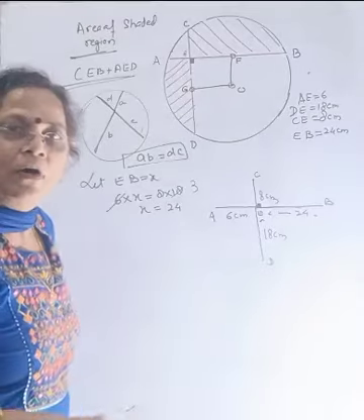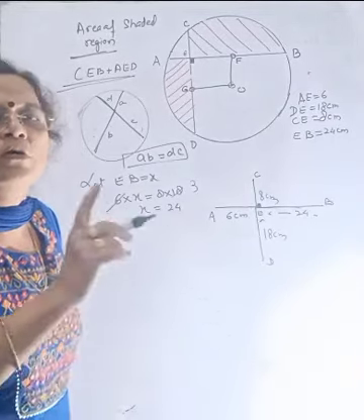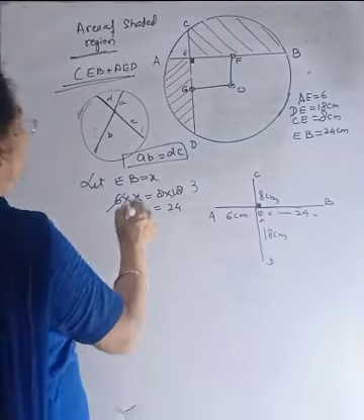The perpendicular from the center on the chord always divides the chord into two equal parts.